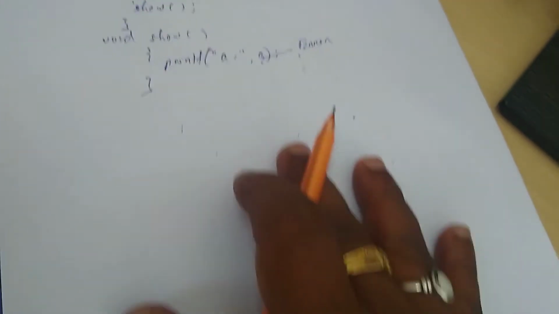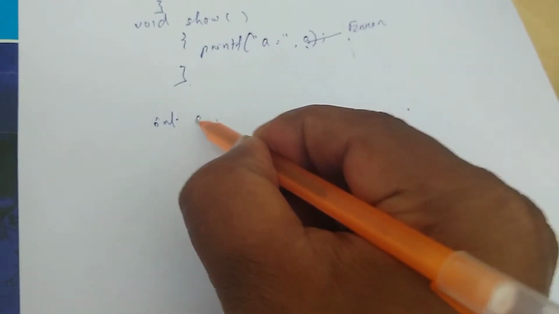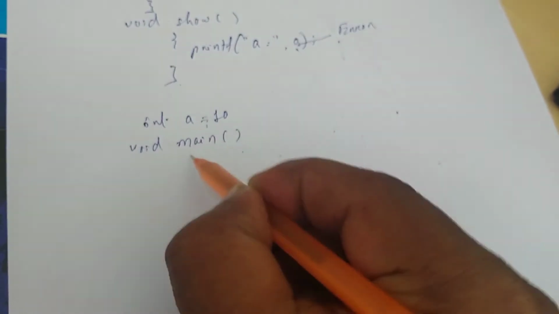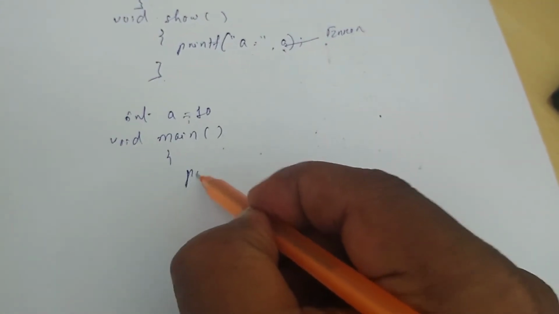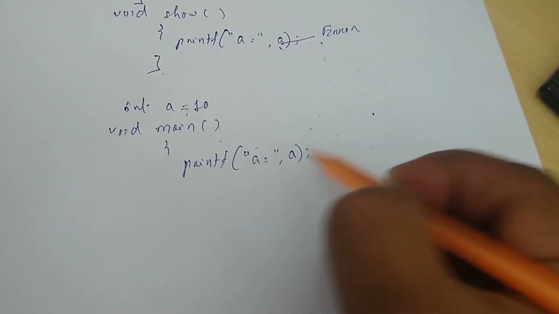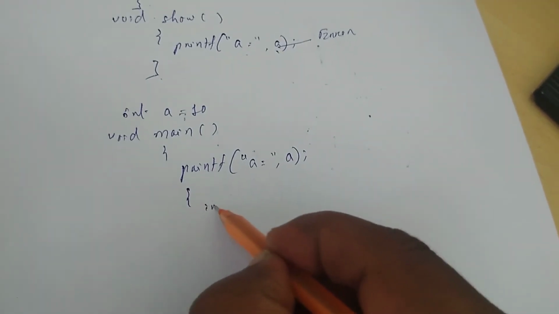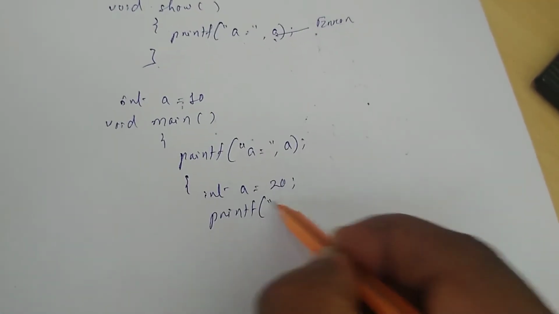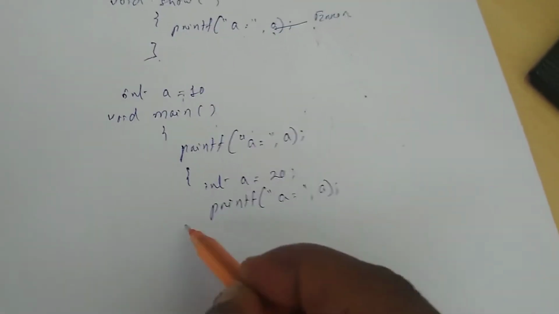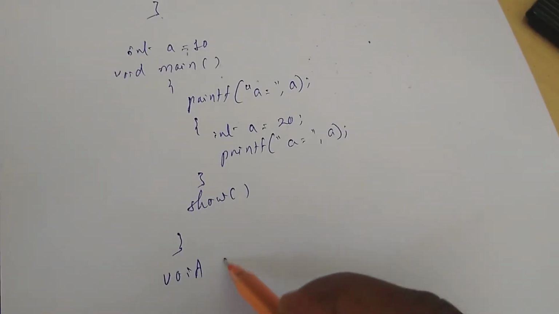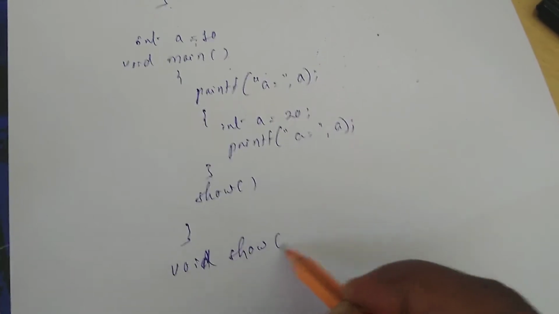For example, if we rewrite this program in this way, suppose int a equals to 10, void main, printf a equals to a, suppose int a equals to 20, printf a equals to a, we call the show function, then void show.